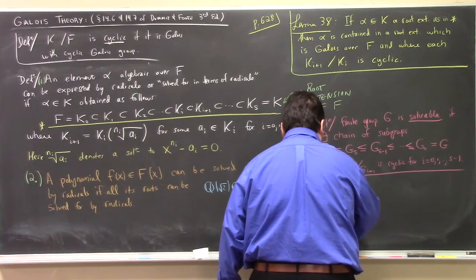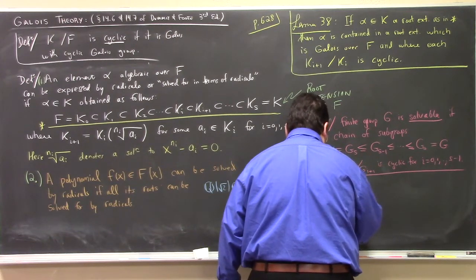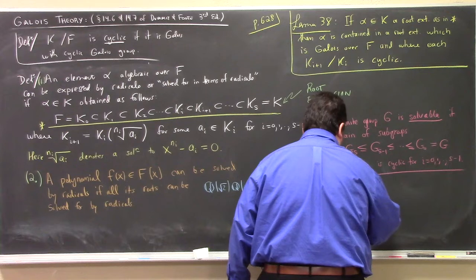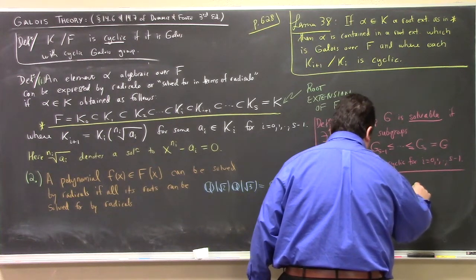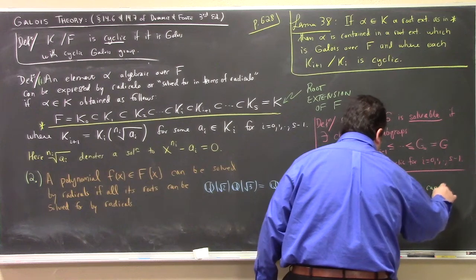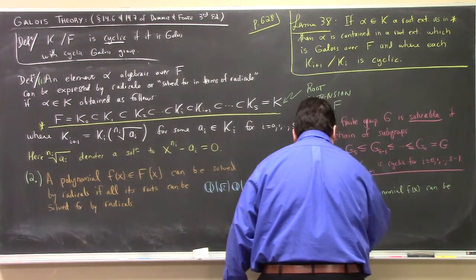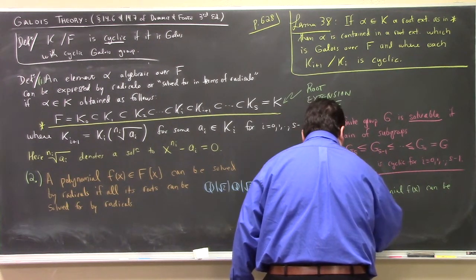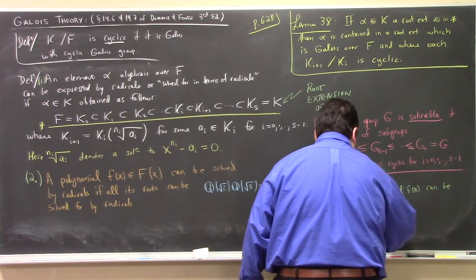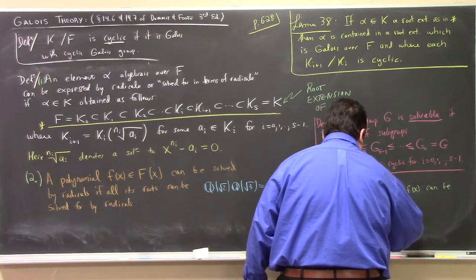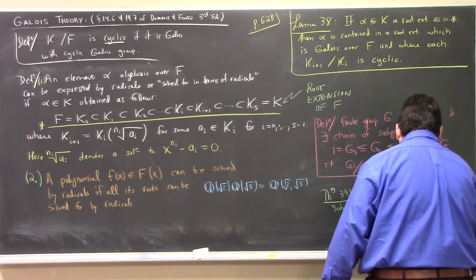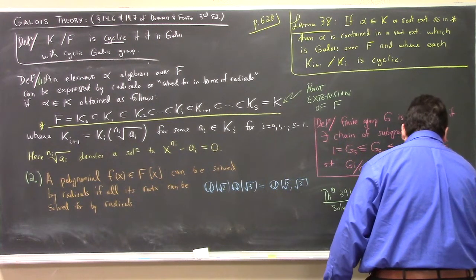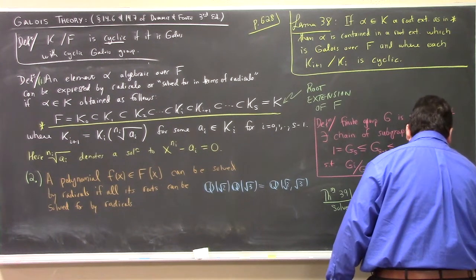Theorem 39: a polynomial f of x can be solved by radicals if and only if the Galois group of f of x is solvable.